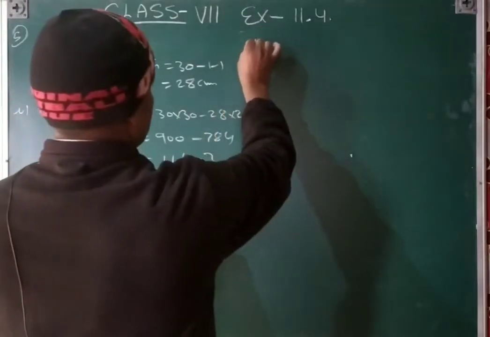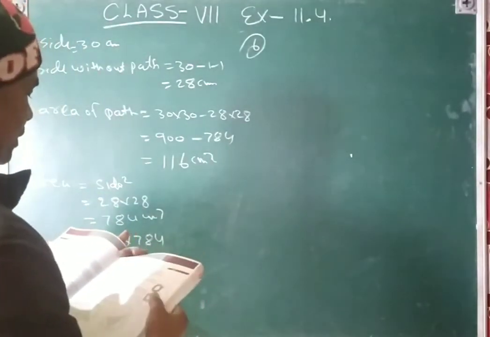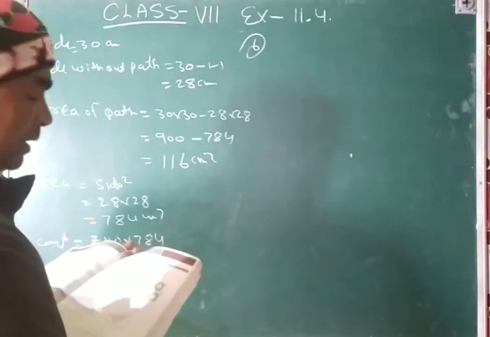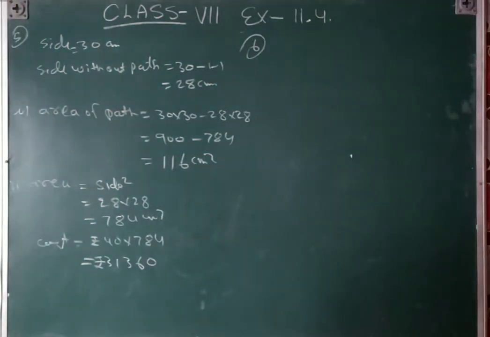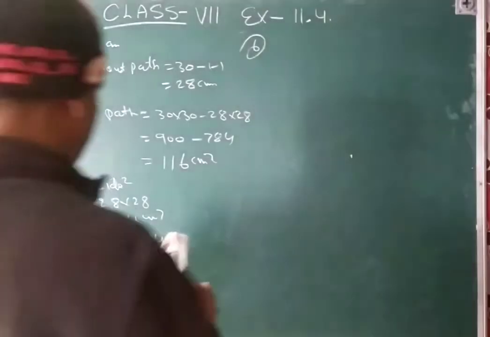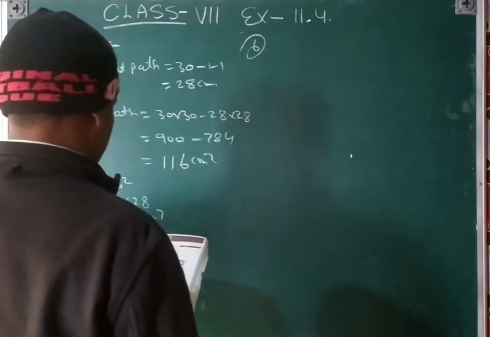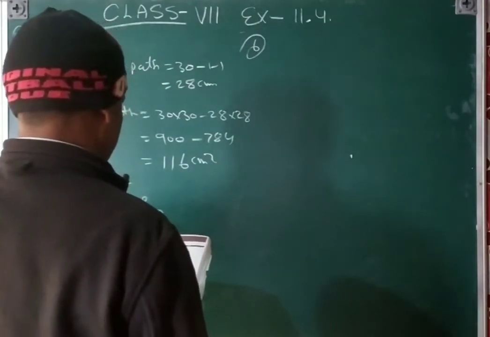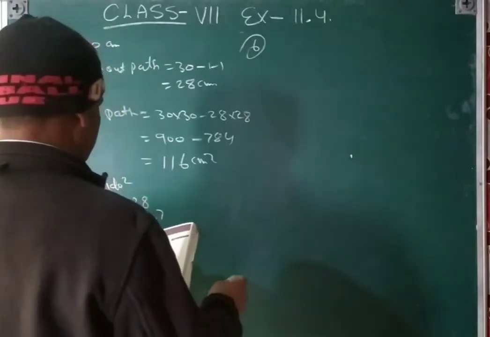And then question number 6. Question number 6 is that 2 cross roads, each of width 10 meter, cut at right angle through the center of a rectangular park of length 700 meter.